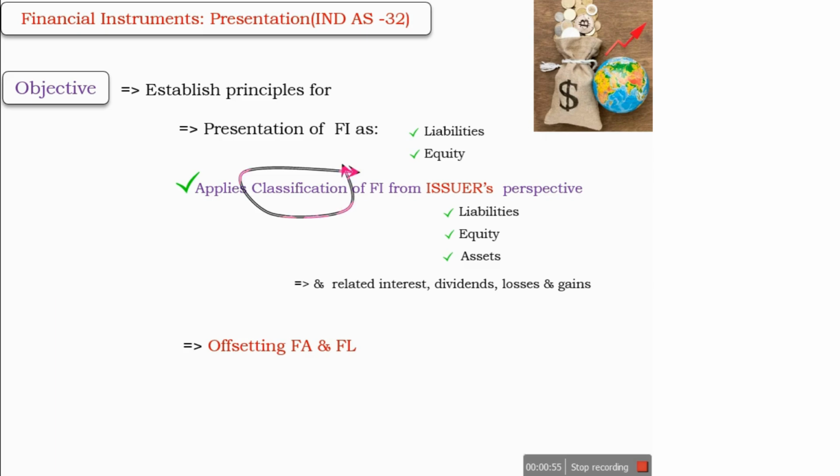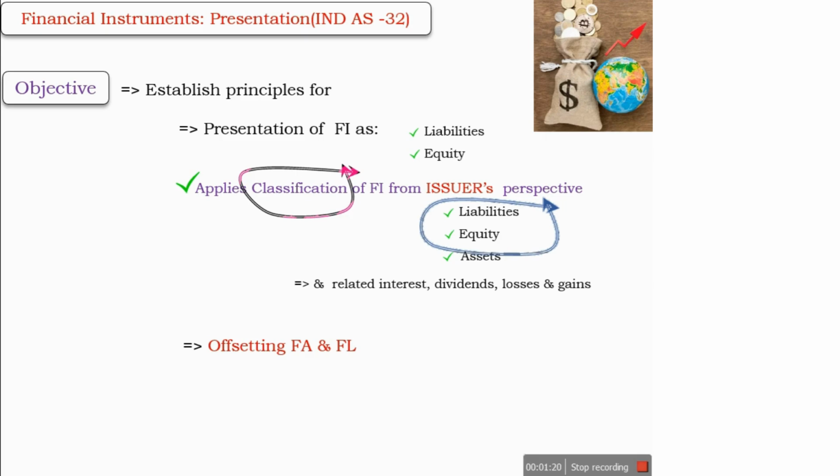The classification of financial instruments into liabilities and equity is much more than an accounting matter or a matter of presentation, because the classification of financial instruments will have an impact on the financial performance of an entity. For example, a financial instrument that is supposed to be classified as a liability instrument is classified as an equity instrument.